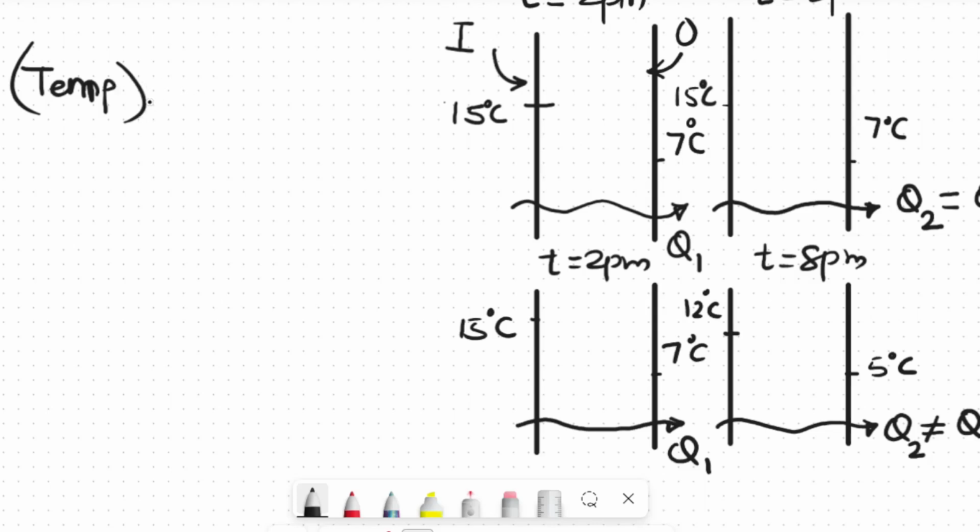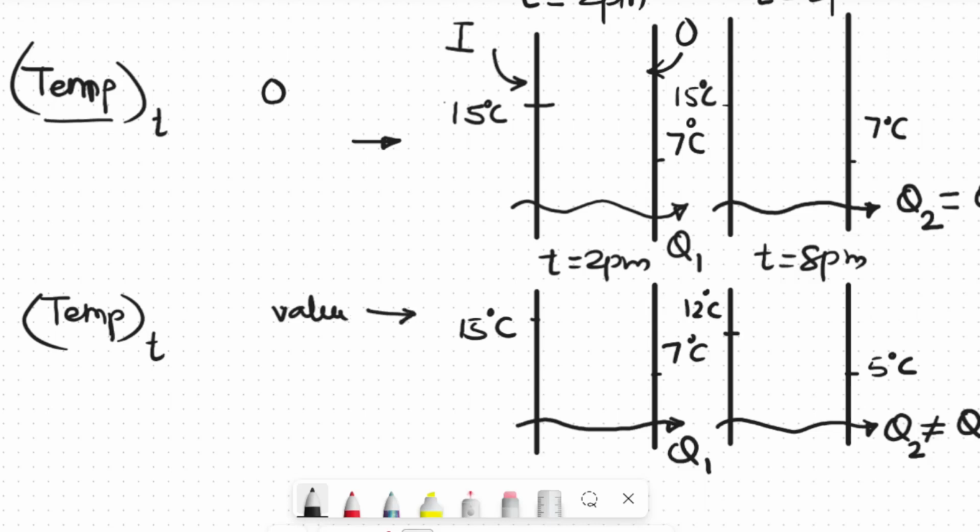The effect of time on the temperature is zero in this example. But in the second example, the temperature is changing with respect to time. This is the second example.